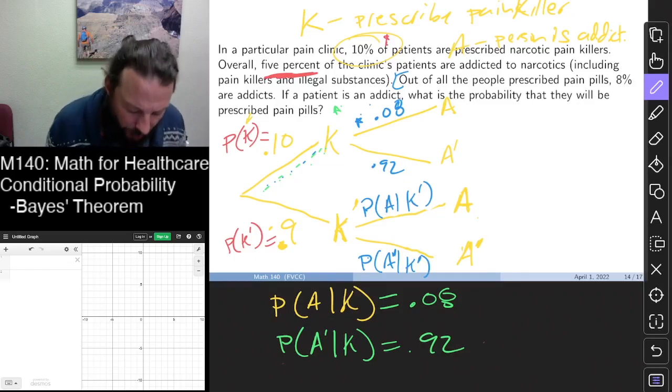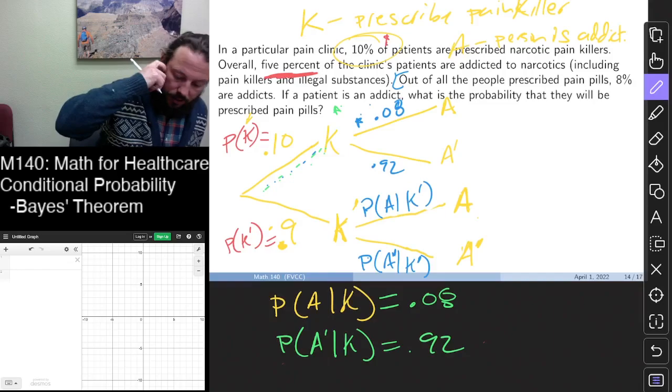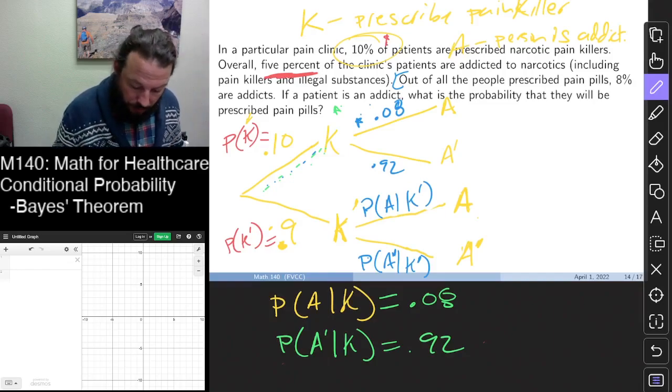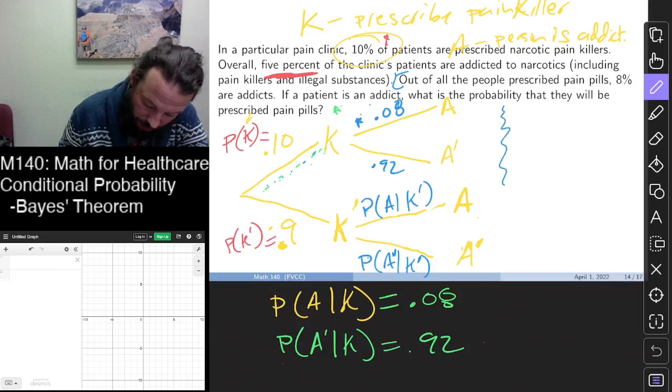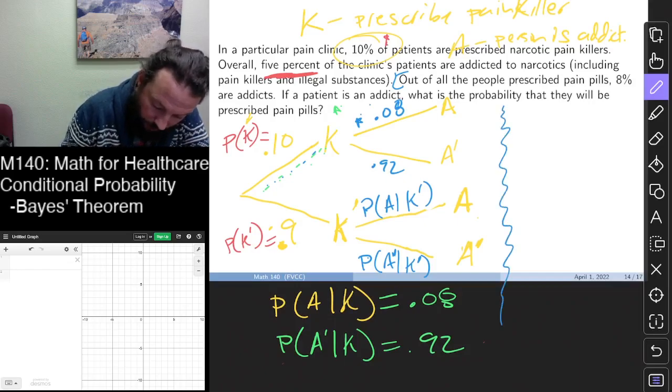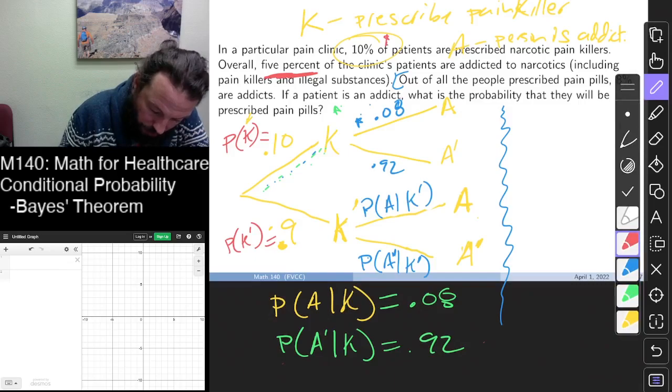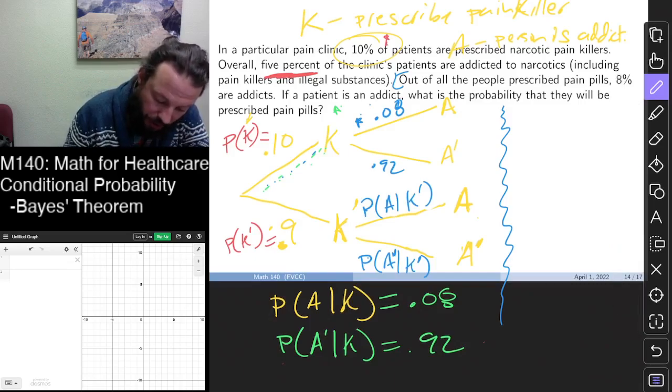What was this 5%? That's the last thing we need to read. Well, that 5% is telling us that 5% of the clinic's patients are addicted to narcotics.